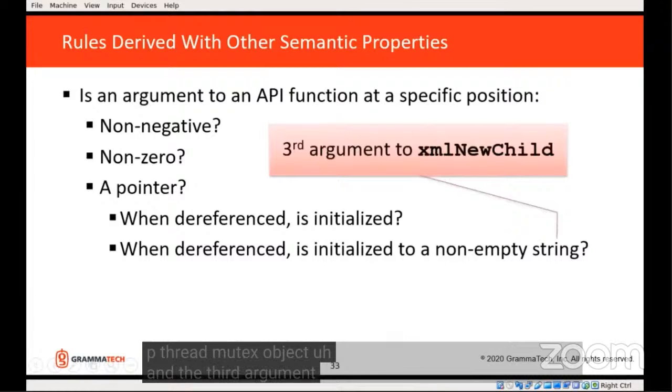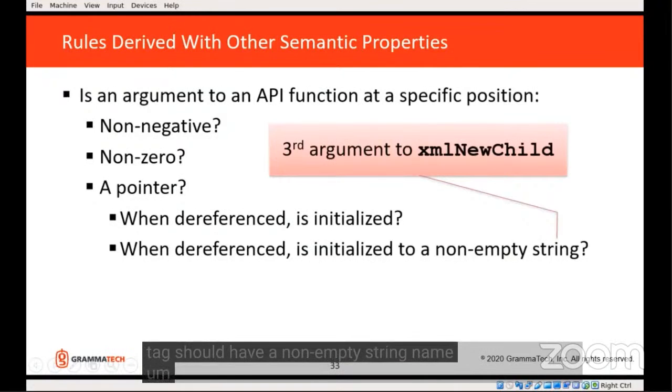And the third argument to xmlNewChild from libxml2 should be a pointer, which when dereferenced should be initialized to a non-empty string. This third argument turns out to be the name tag of the new XML child that you're creating, and an XML tag should have a non-empty string name.